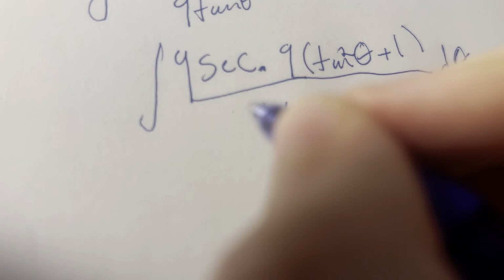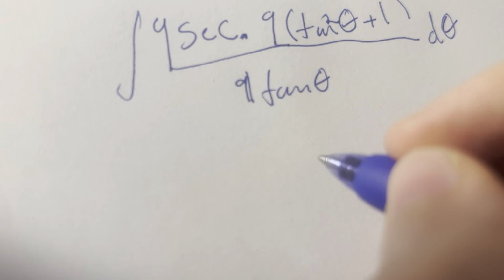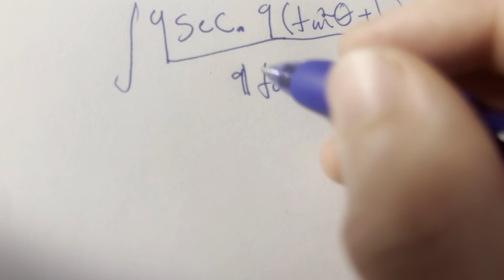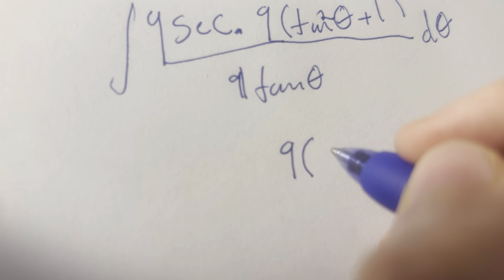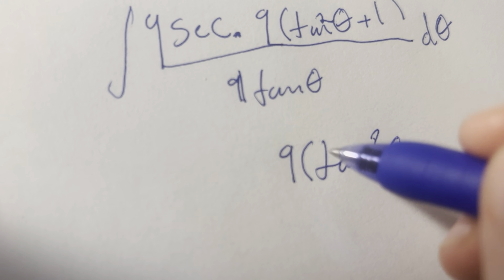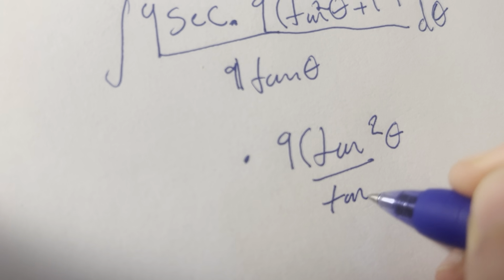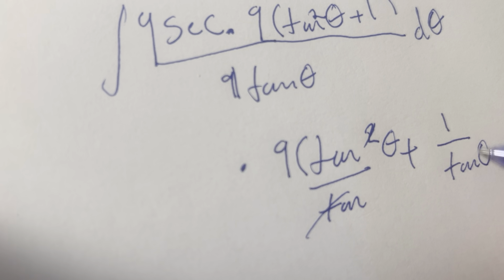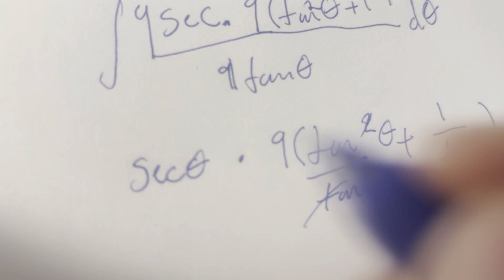We can distribute the tangent first, and we divide by tangent, which cancels out this, plus 1 over tangent theta, all multiplied by secant theta.